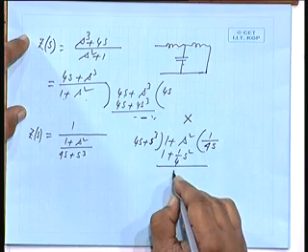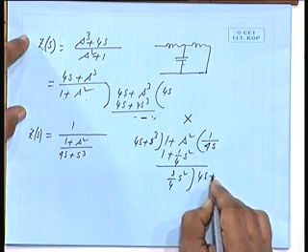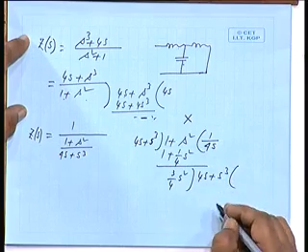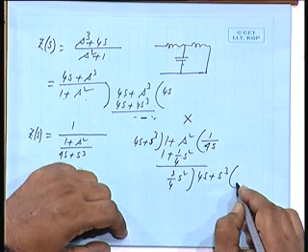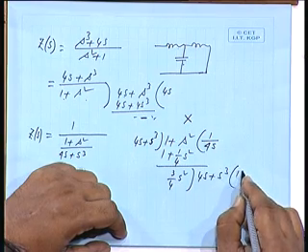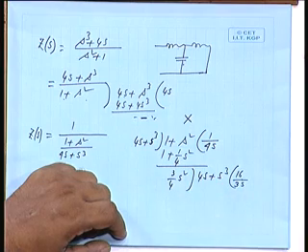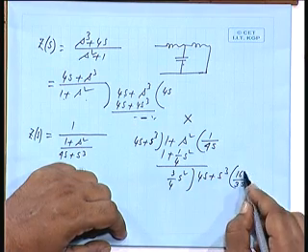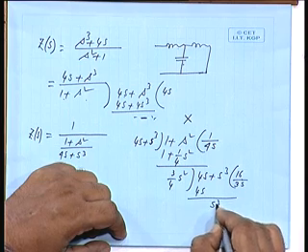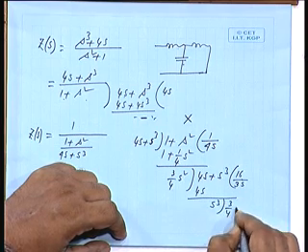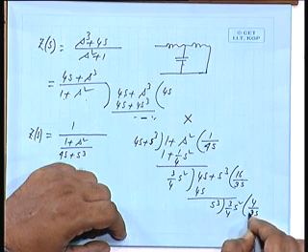If you divide 3 by 4 S squared into 4S plus S cubed, what do I get here? 16 by 3S. Do you get it? So, that will give me 4S, S cubed and 3 by 4 S square. So, it will be 4 by 3 S.